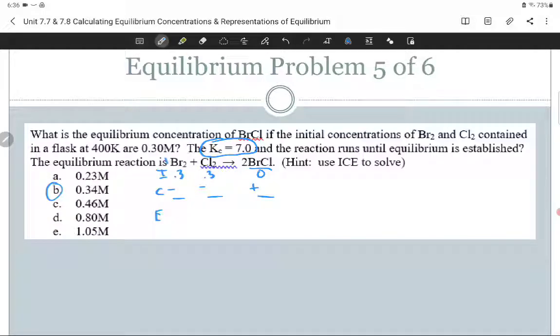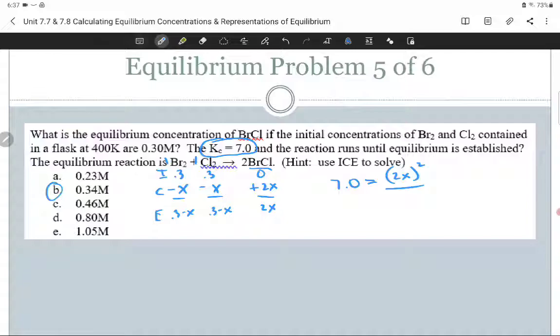We have the 1 to 1 to 2 ratio this time. So x, x, 2x. So we have 0.3 minus x, 0.3 minus x, 0 plus 2x is 2x. So our equilibrium expression, K is equal to 7. And we take our products, 2x, and then coefficient of 2, so we raise that to the power of 2.